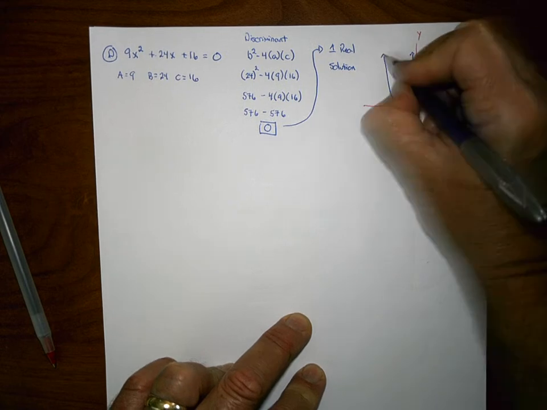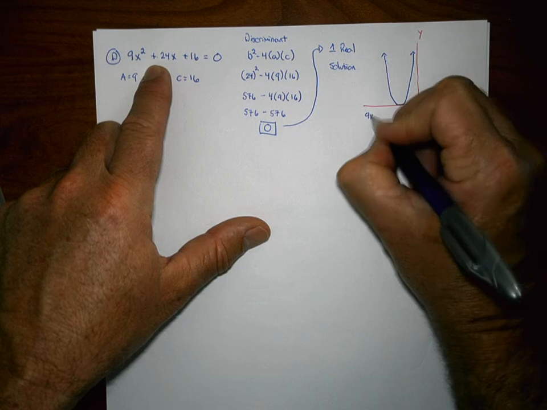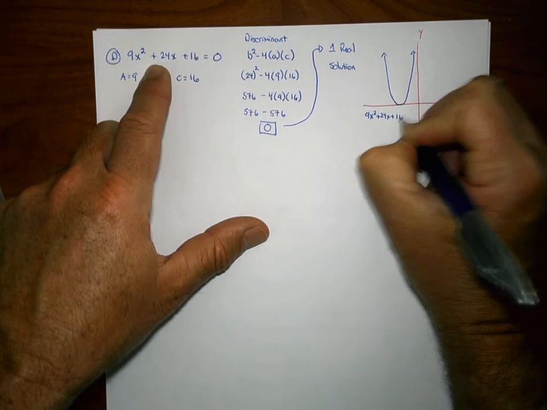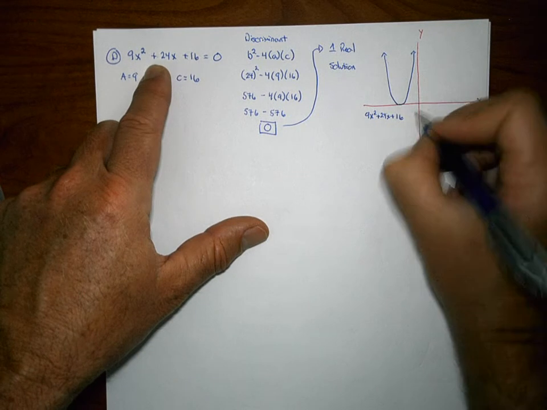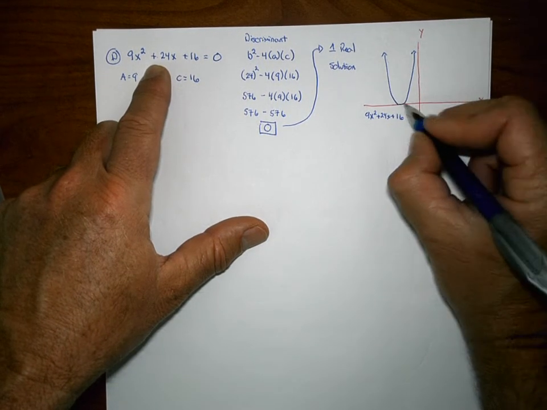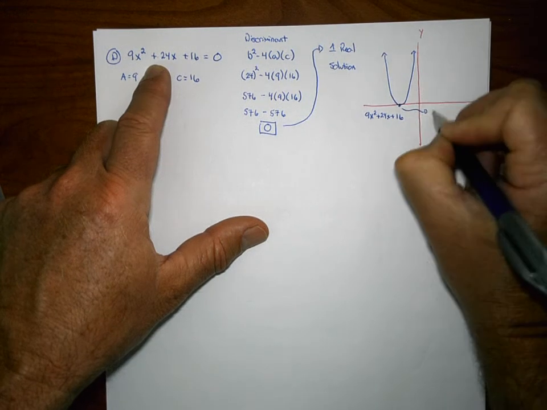So if I were to graph 9x squared plus 24x plus 16, that's what the graph of that equation would look like. And if you notice, how many times does this parabola intercept the x-axis? Well, you could see this has one x-intercept.